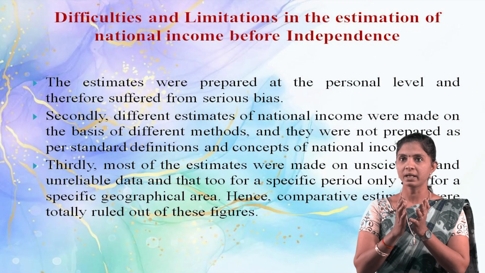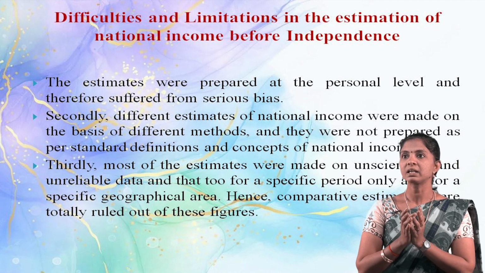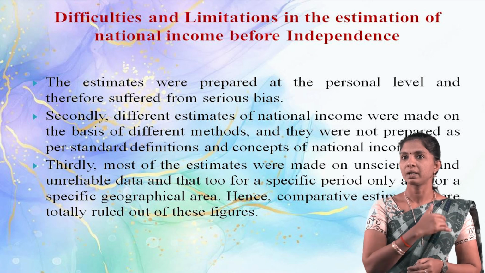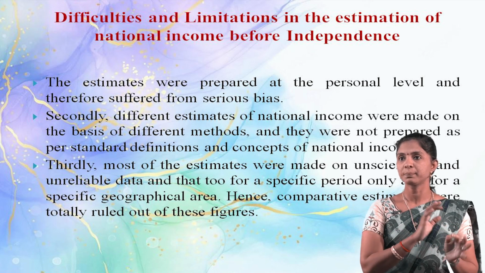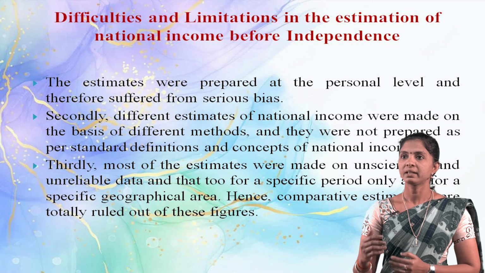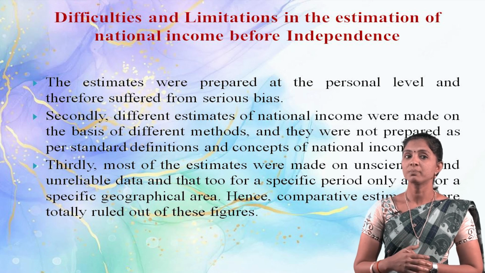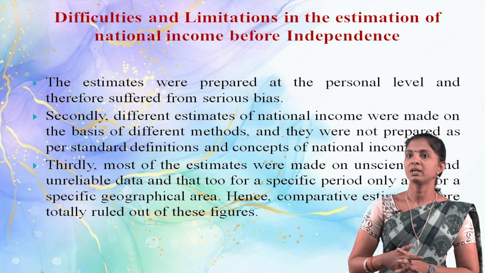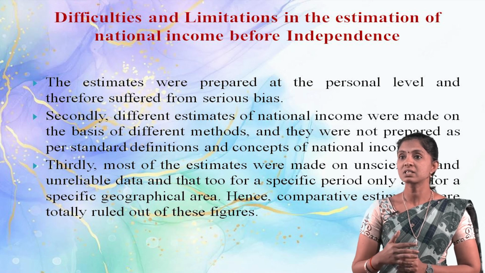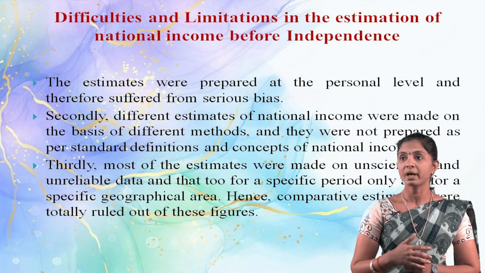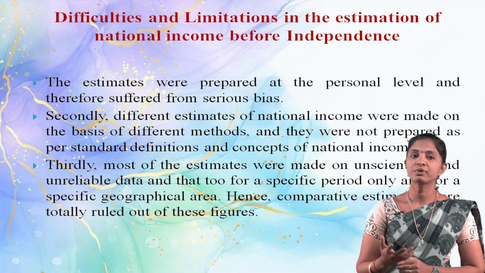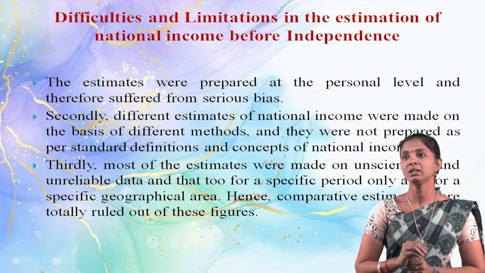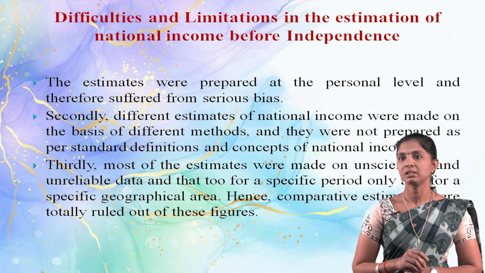And next, to explain the difficulties and limitations in the estimation of national income before independence. The estimations were prepared at the personal level and therefore suffered from serious biases. So what are the different difficulties? The different estimates of national income were made on the basis of different methods and they were not prepared as per the standard definition and concept of national income.